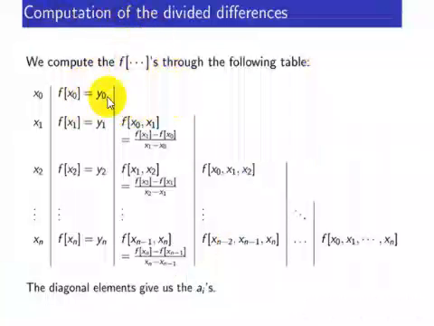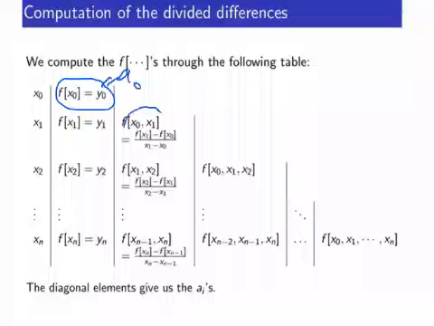So this would be our a sub 0, this would be our a sub 1, a sub 2 of the Newton's divided difference polynomial.